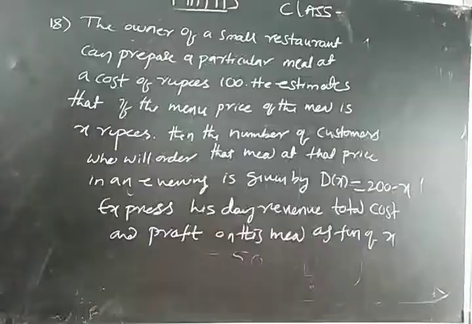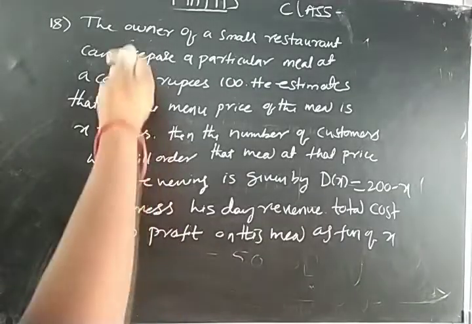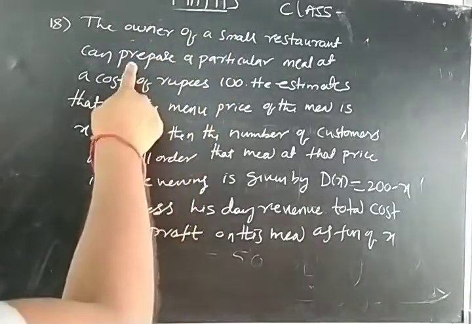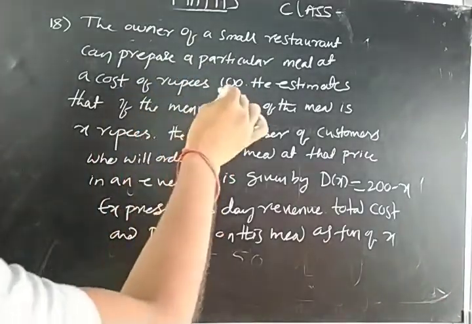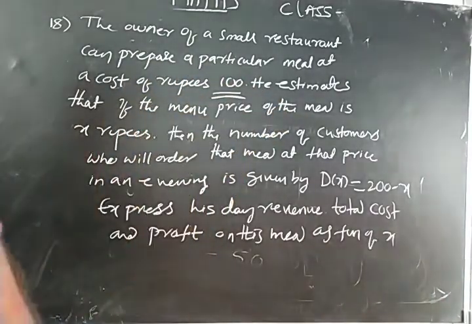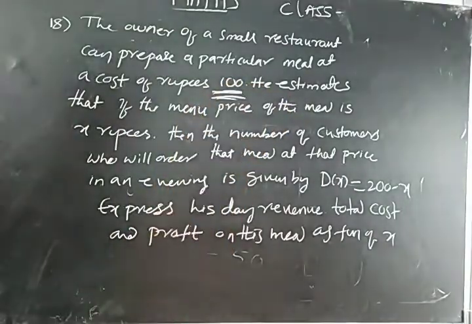Right? See the 18th question. What is given? The owner of a small restaurant can prepare a particular meal at the cost of 100 rupees. In one particular meal, he is spending 100 rupees.